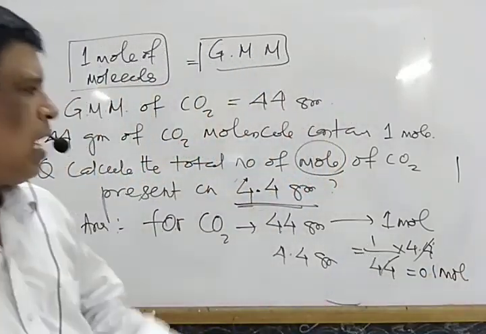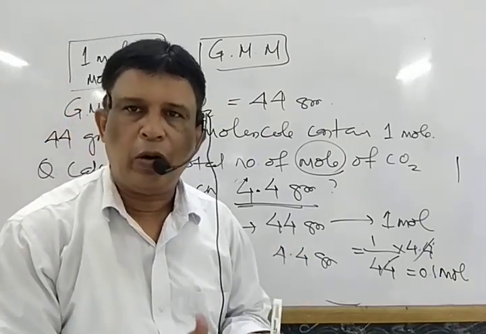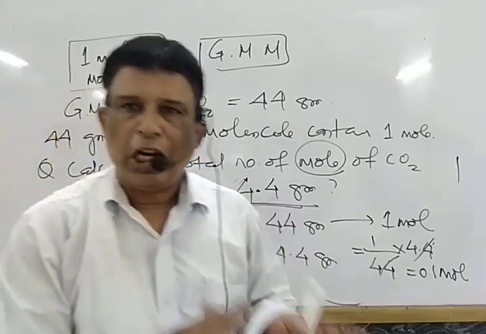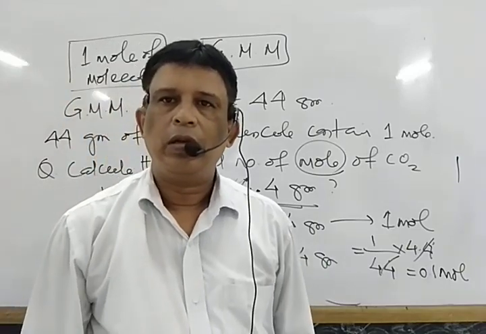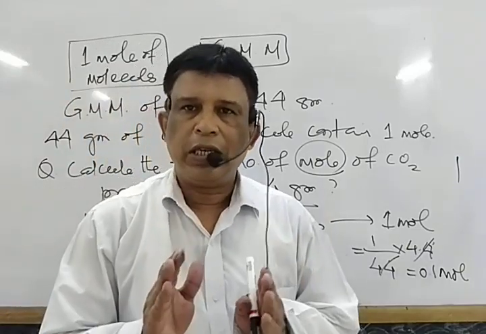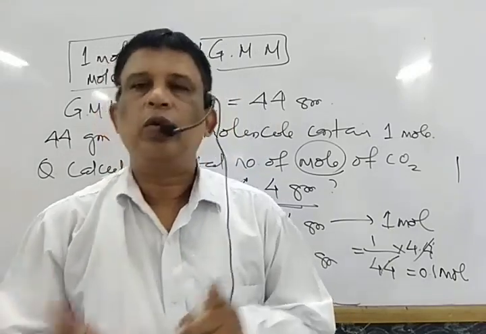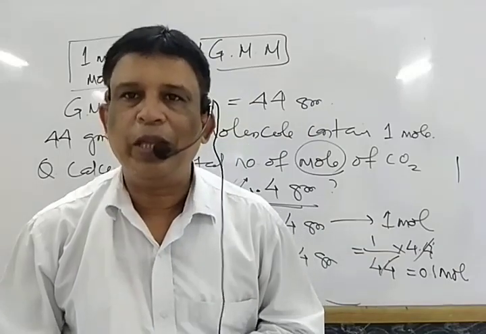So whether we select carbon dioxide, methane, water, whatever it may be, its molecular mass is equivalent to 1 mole of molecules, and its atomic mass is equivalent to 1 mole of atoms. So the relationship of 1 mole with number and 1 mole with gram molecular mass is over. Now the relation of 1 mole with volume.